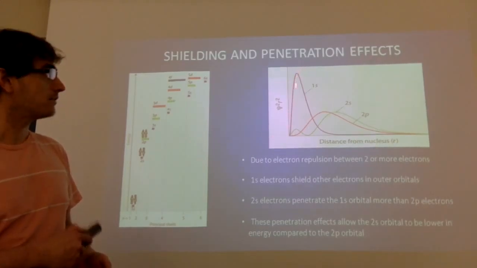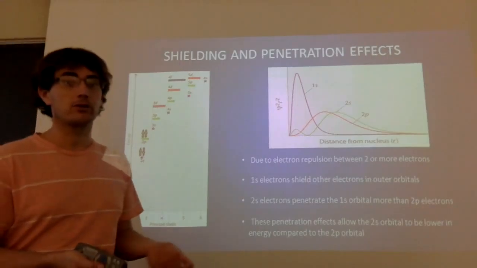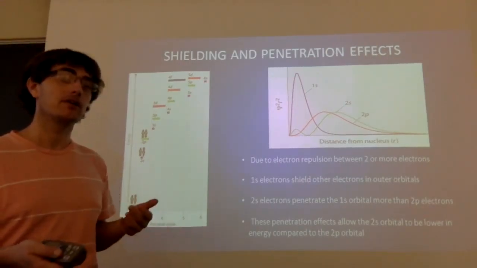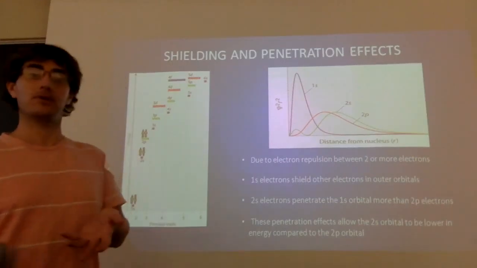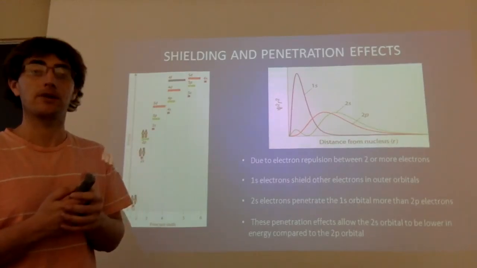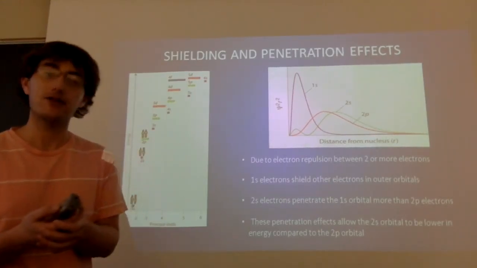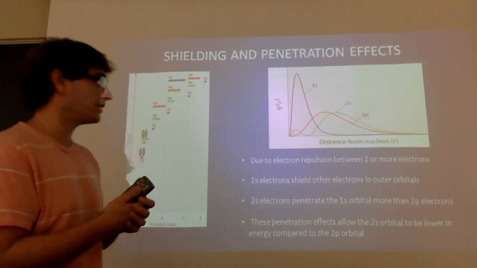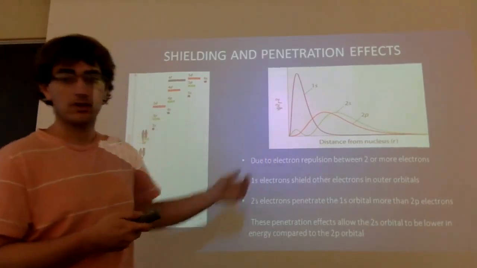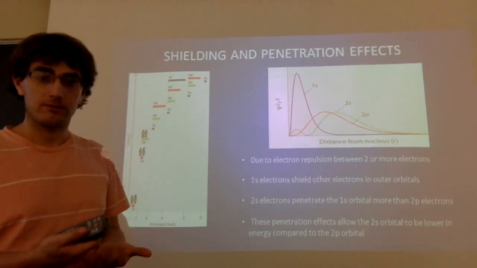Just as before, the 1s orbital has its maximum probability very close to the nucleus, like when we've seen the probability plots for hydrogen, which is a monoelectronic system. And of course, the 1s orbital is lower in energy.